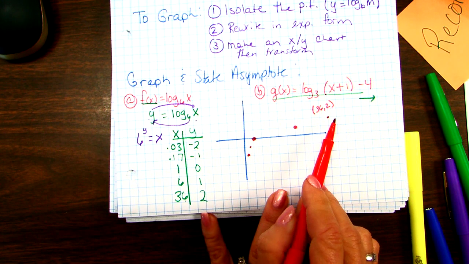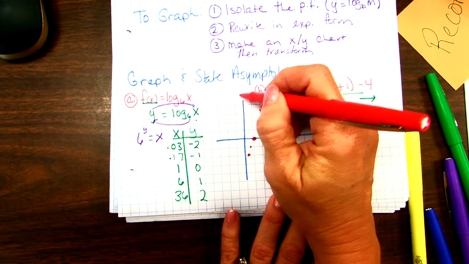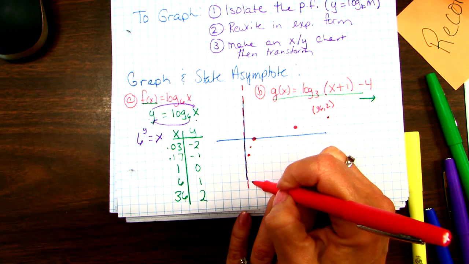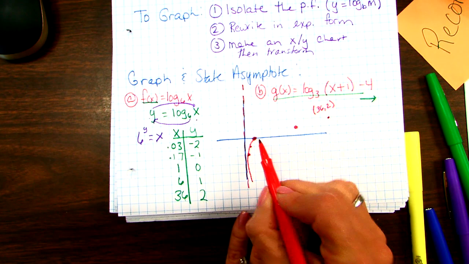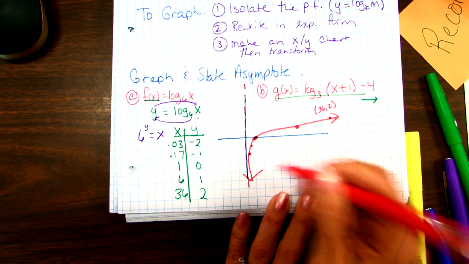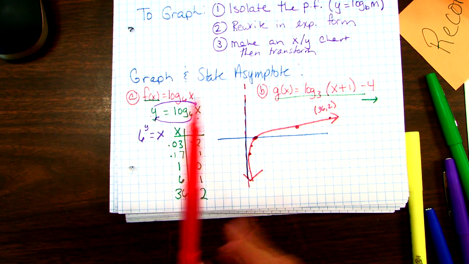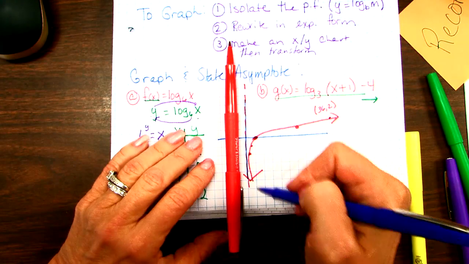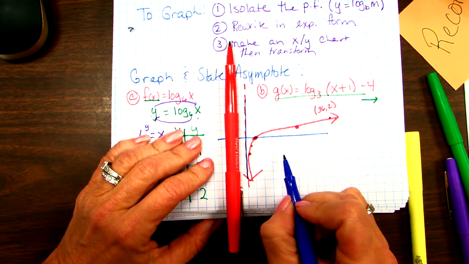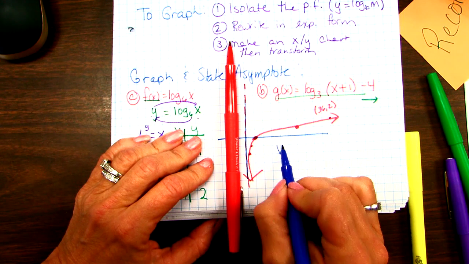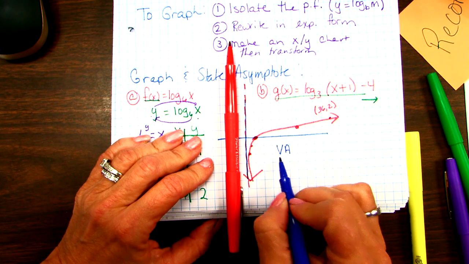We're just conserving paper. And your asymptote, remember we had asymptotes in exponential functions? We also have asymptotes in log functions. Your asymptote is right here. It doesn't touch, that's right. It's a vertical line, so it's a vertical asymptote is what we say, VA.